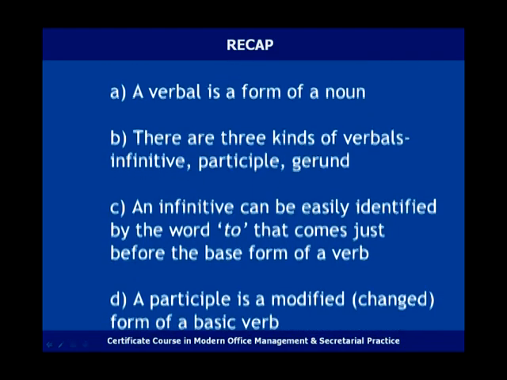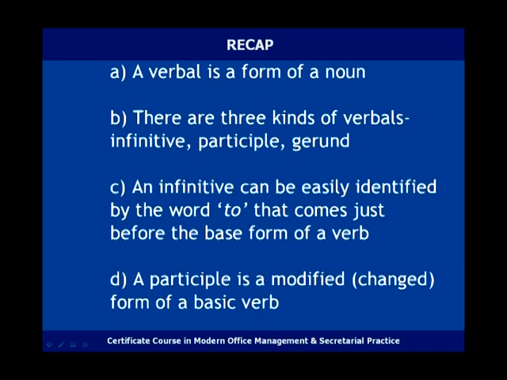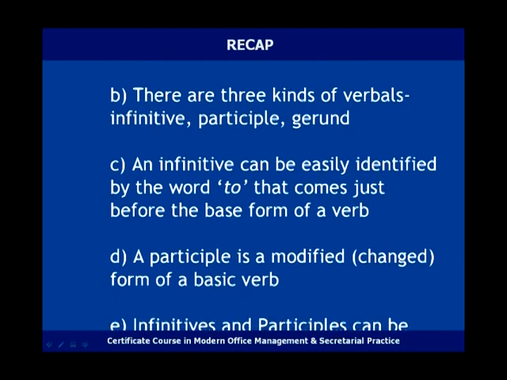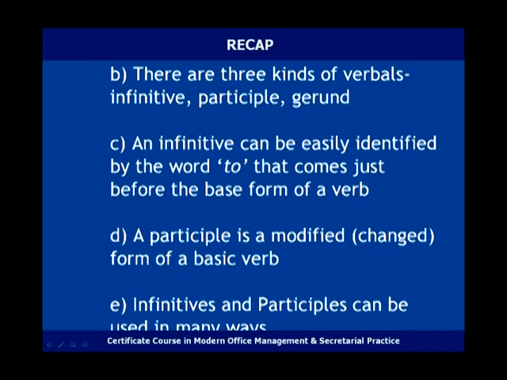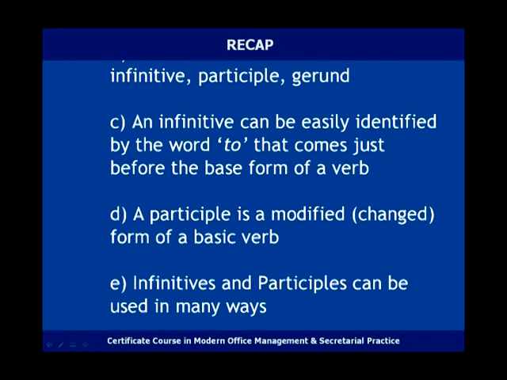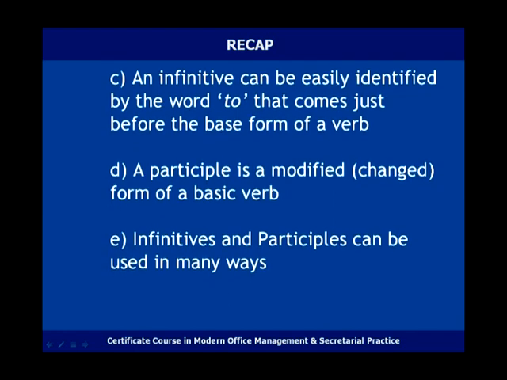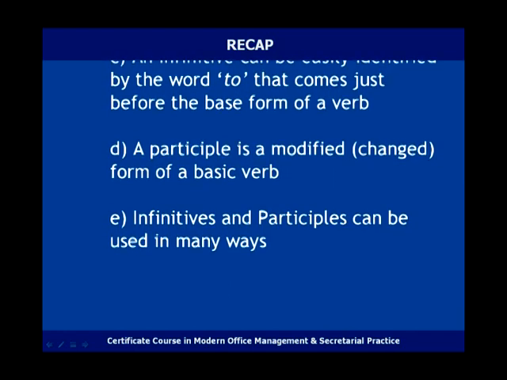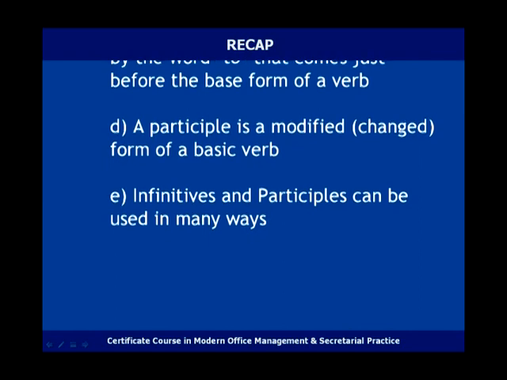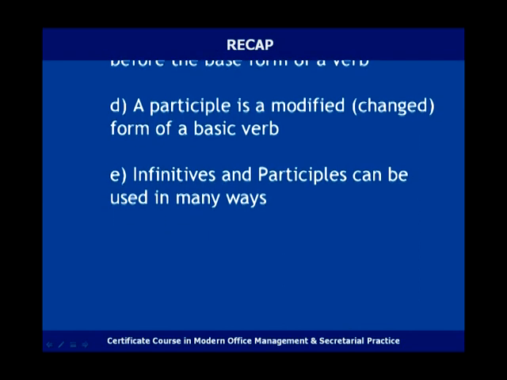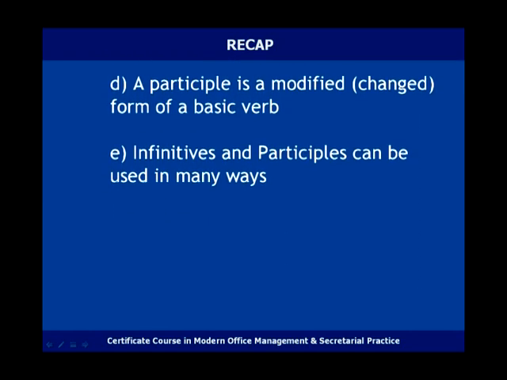An infinitive can be easily identified by the word to that comes just before the base form of a verb. A participle is a modified or a changed form of a basic verb. And infinitives and participles can be used in many ways.